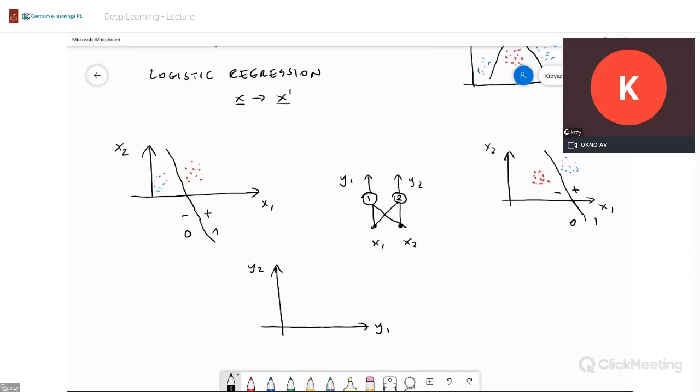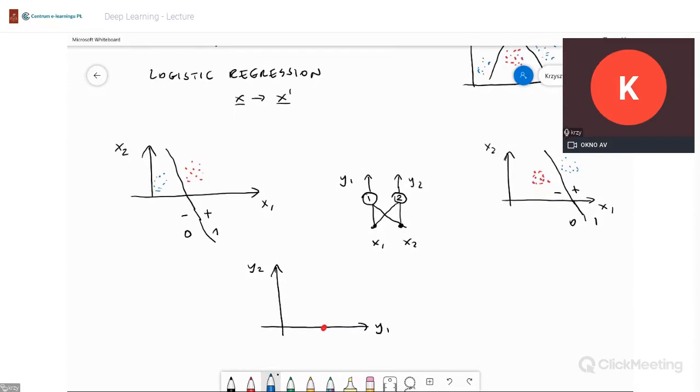So what are the possible responses of these neurons for members of the red class? If I have a member of the red class, the first neuron will say 1, and the second neuron will say 0. So a point that corresponds to the response of these neurons to an input sample from the red class will be located here. Now, what are the responses to samples that belong to the blue class?